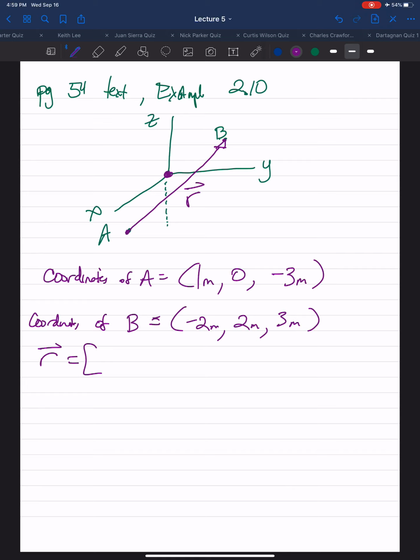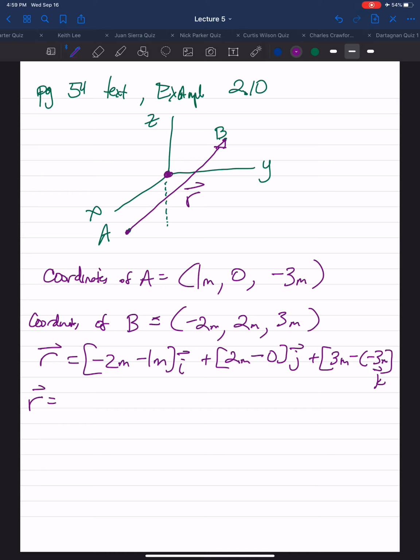So my XB is -2, and my XA is 1. My YB is 2, and my YA is 0. My ZB is 3, and my ZA is -3. Okay.